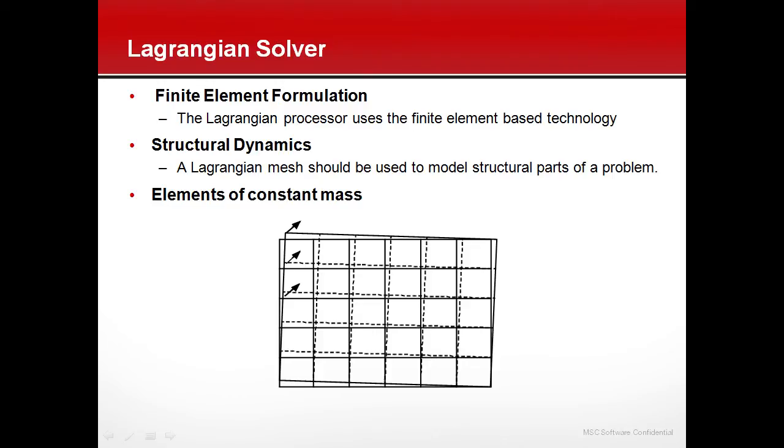Each of these elements will maintain that mass, and you'll see in the next slide we're talking about this conservation of mass. The explicit technology with the Lagrangian solver is very similar to the implicit in that it has nodes and elements, the elements are surrounded by corner nodes, and those nodes have forces that are dictated by the strength or stiffness of the elements.